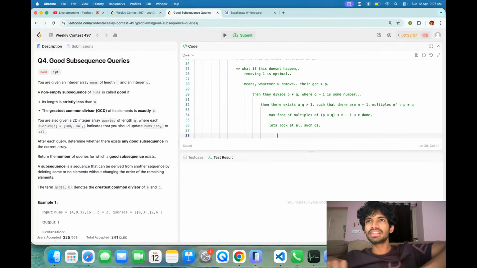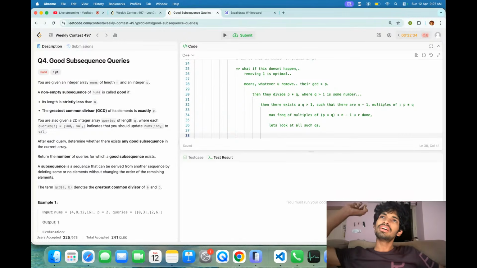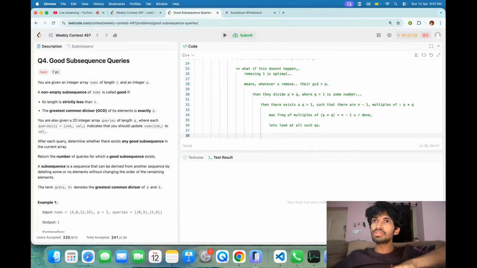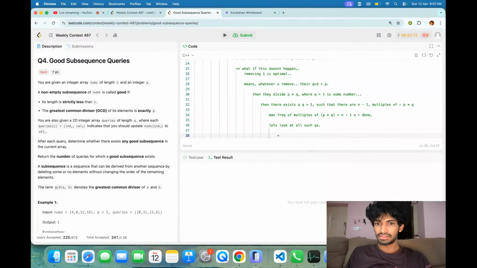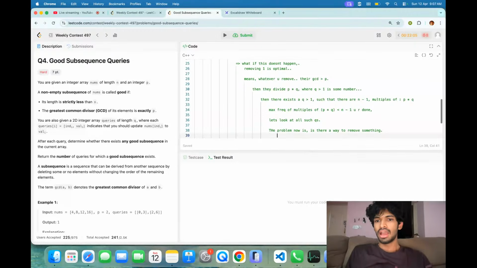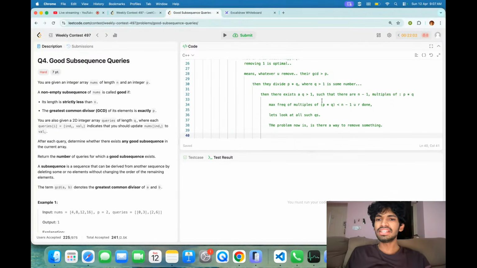Is there a way to remove something, then all of them are disappearing? Is there a way to remove something and no queue should be present here? Which means, implies, the problem now is, is there a way to remove something? And if there is no good subsequence, then there is a potential queue. Let's look at those potential queues.